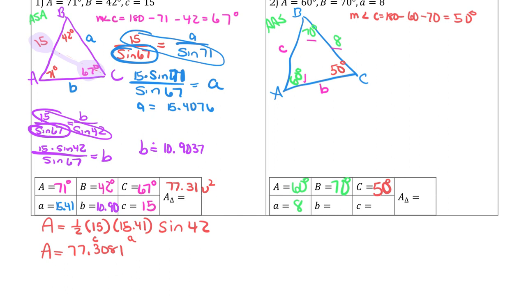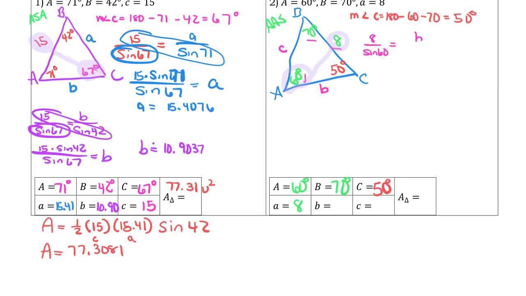Then I'm going to go and determine which ratio I'm going to use. I've given side A, so I'm going to use sine A and start writing my ratios from that. So I've got 8 over sine 60. So that's my A information.